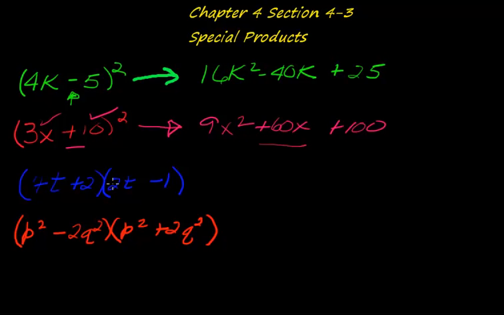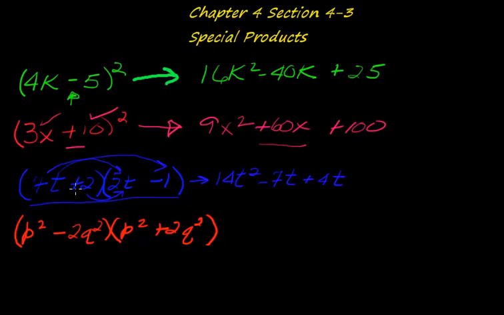The third one. Now these are both positive. One is positive and one is negative. Sometimes the FOIL method is the best here. So 7t times 2t is 14t squared. 7t times a negative 1 is a negative 7t. 2 times 2t is plus 4t.